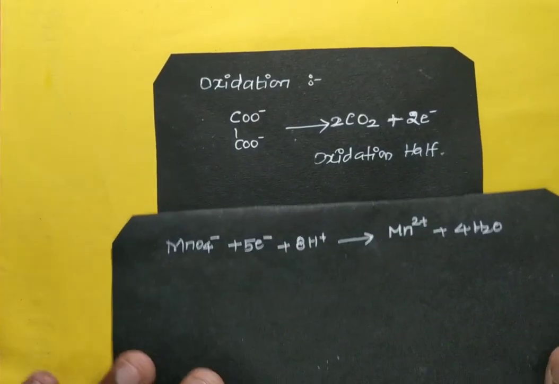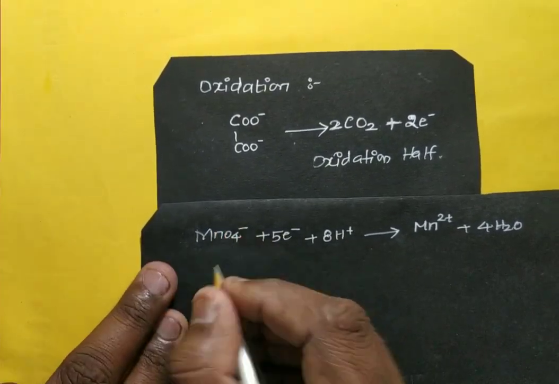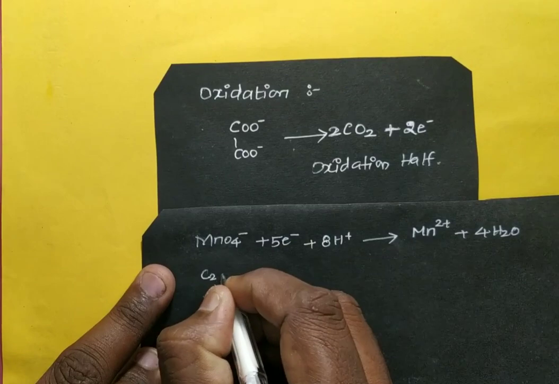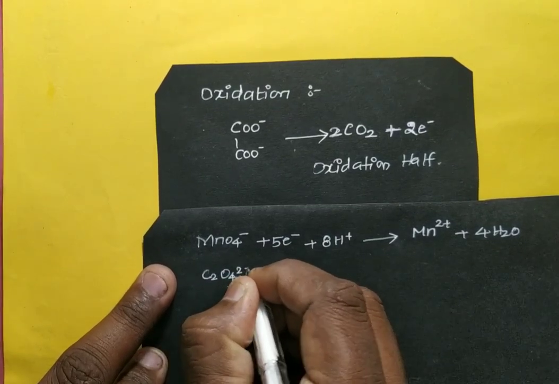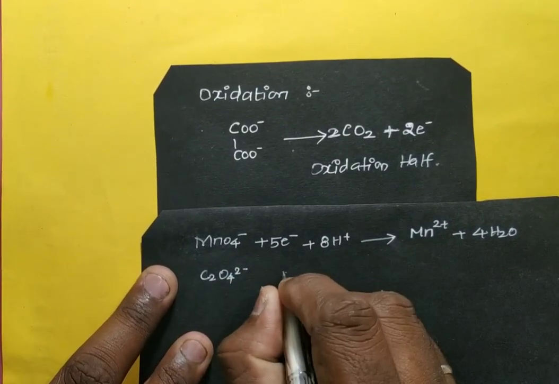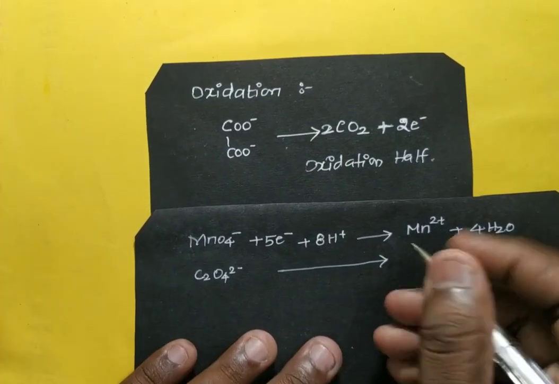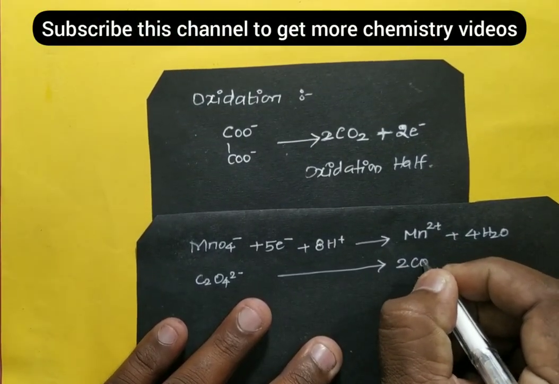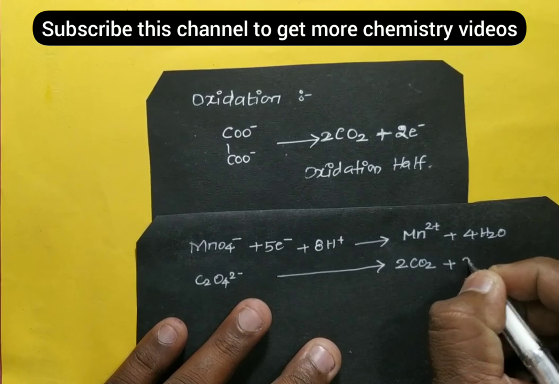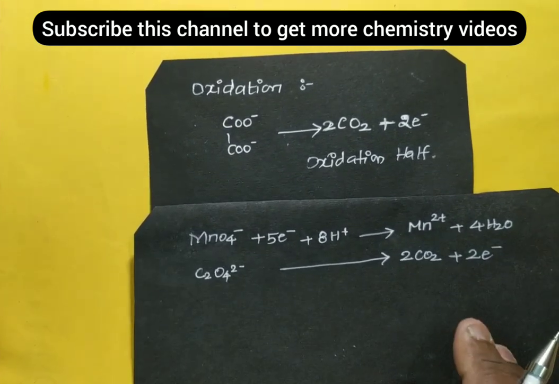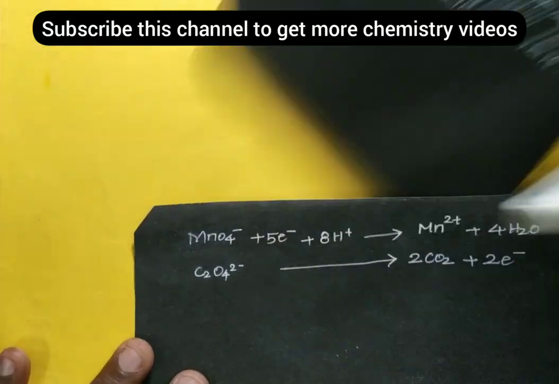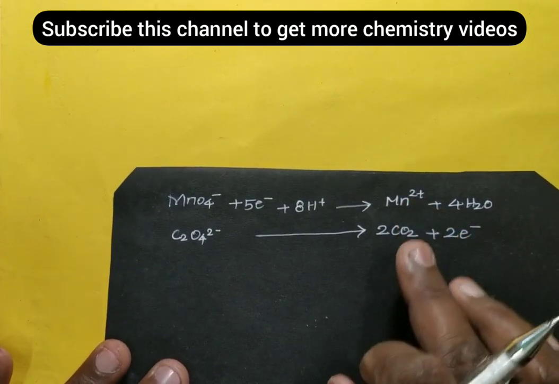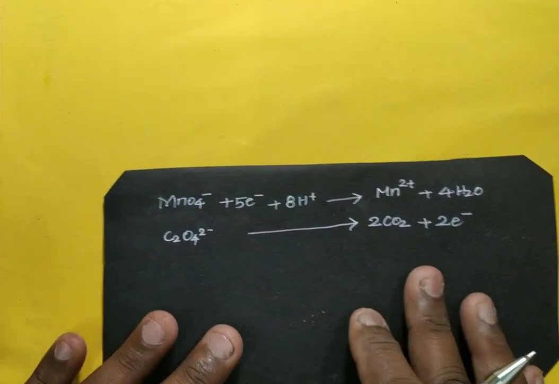Let's write how to write the oxidation half here: C2O4 2 minus gives 2 CO2 plus 2 electrons. Now you can check, we have written both the reduction half and the oxidation half balanced equations.